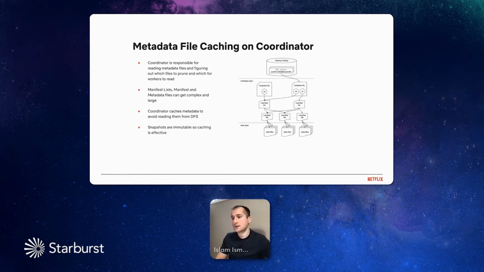So let's talk about the Iceberg connector and, in general, caching of the metadata. The Iceberg connector is kind of interesting. In our normal Hive, we don't keep a lot of metadata on the distributed file store.